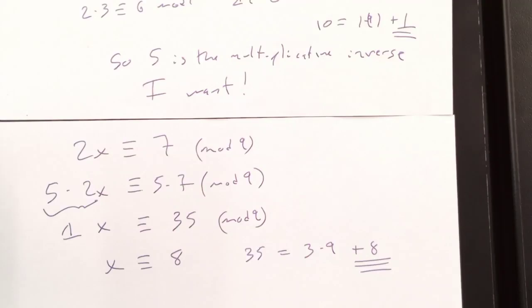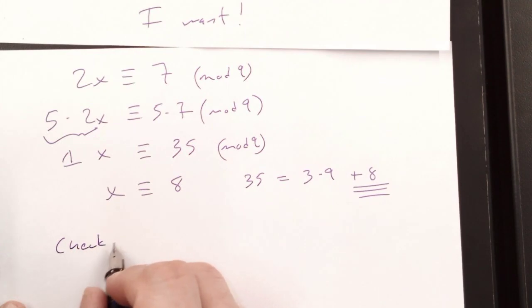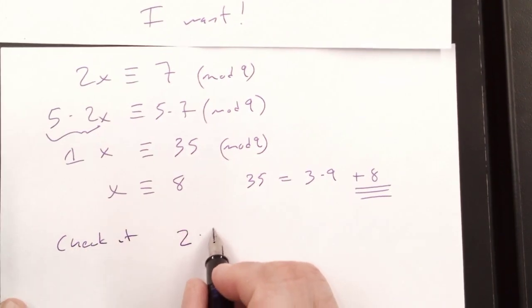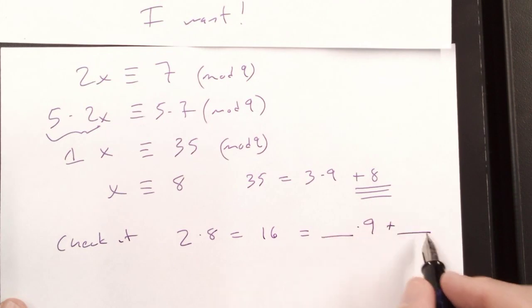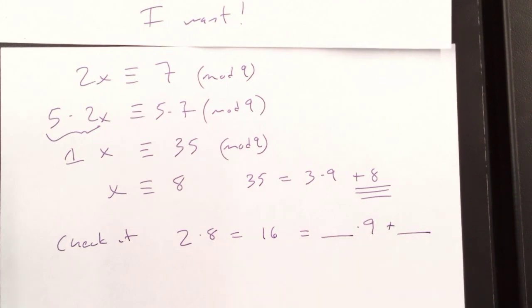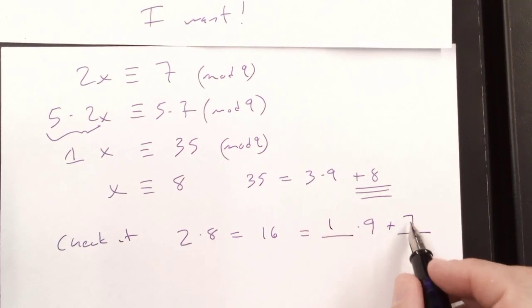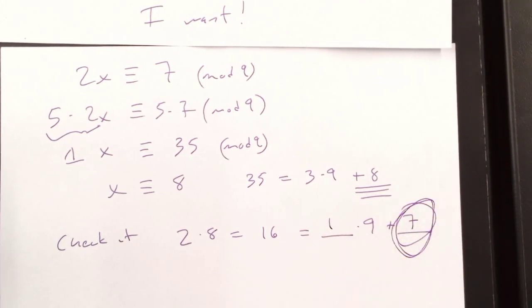What's 8 times 2? That's 16 mod 9. My remainder mod 9 is 7, just like I wanted.